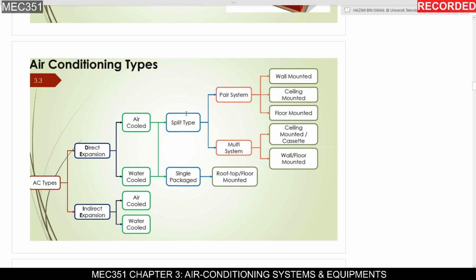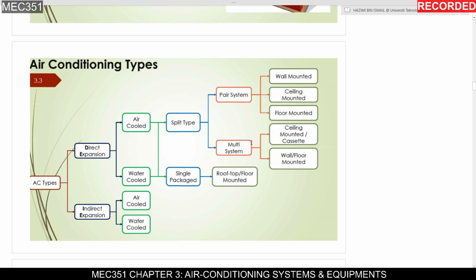The split type also has a pair system, where we call it the split pair system. This is the common one that we find in the house, where we have one indoor unit and one outdoor unit. For the multi-system, it can cool multiple rooms, compared to the pair system, which can only cool one room per device.